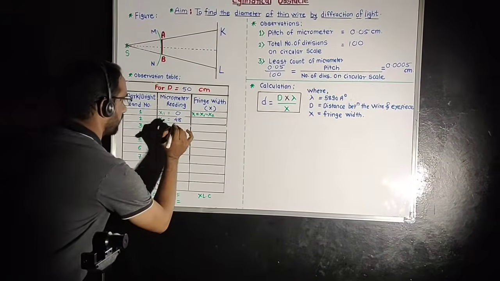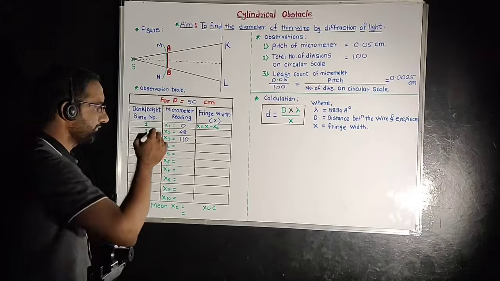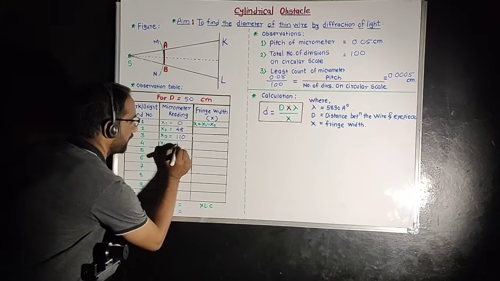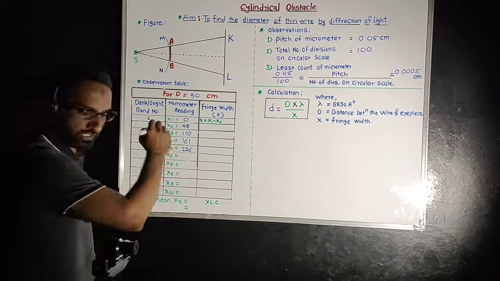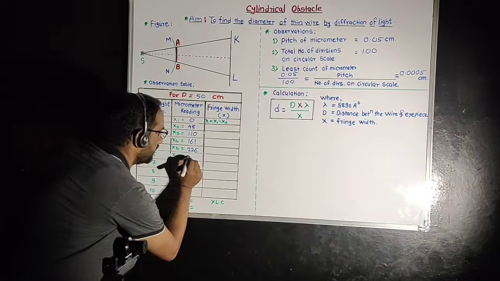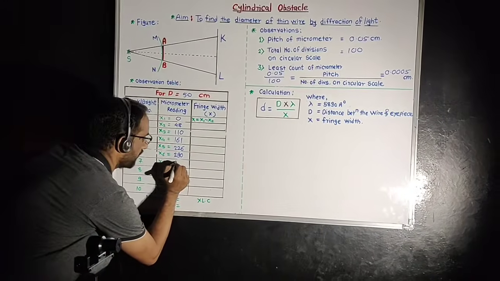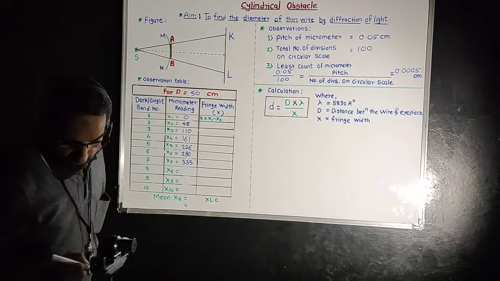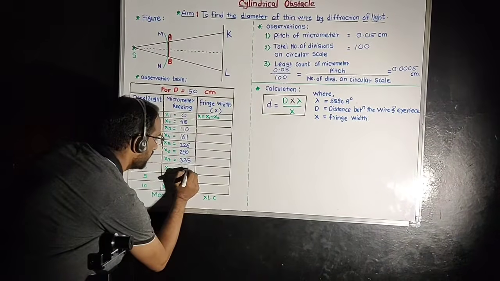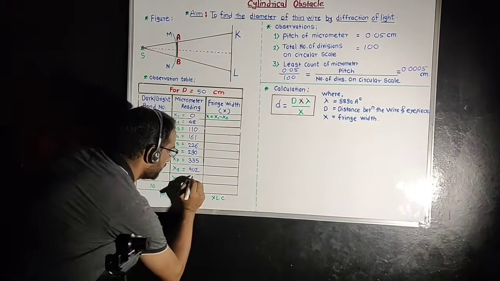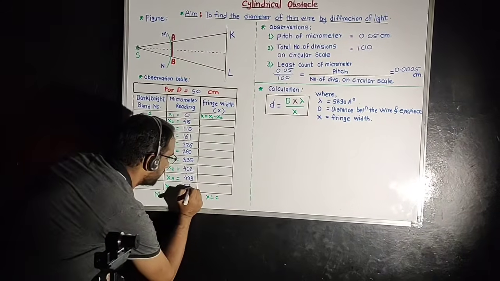110 for completion of one rotation and the next 10 readings, so that I am writing here 110 for the third dark band, 161 for fourth dark band, then 226 for fifth dark band, then 290 for sixth dark band, 335 for seventh dark band, then 402 for eighth dark band, 449 for ninth dark band, and 512 for the 10th dark band.